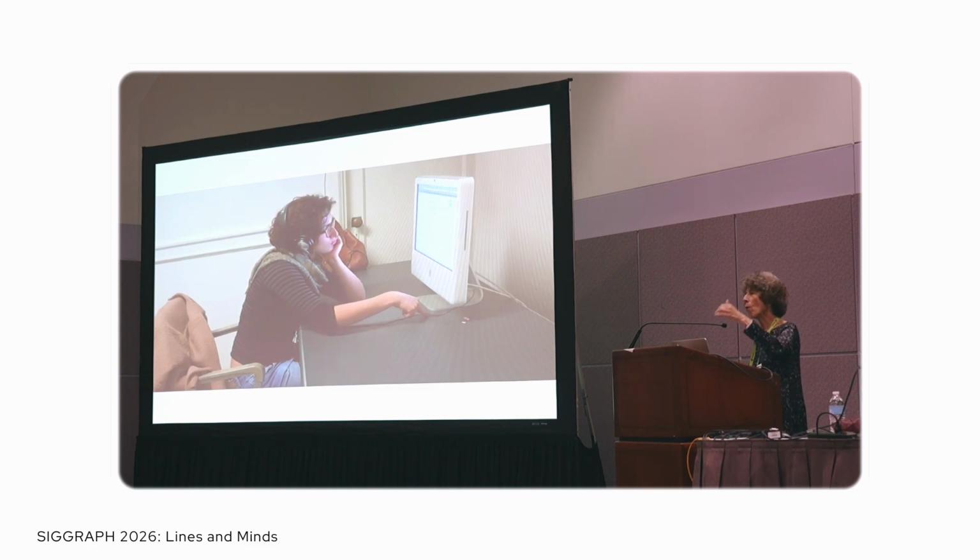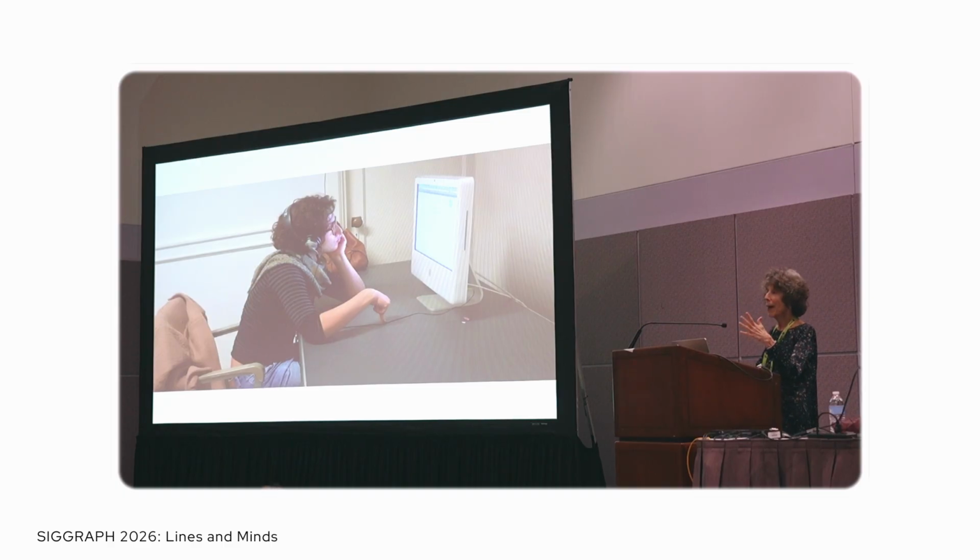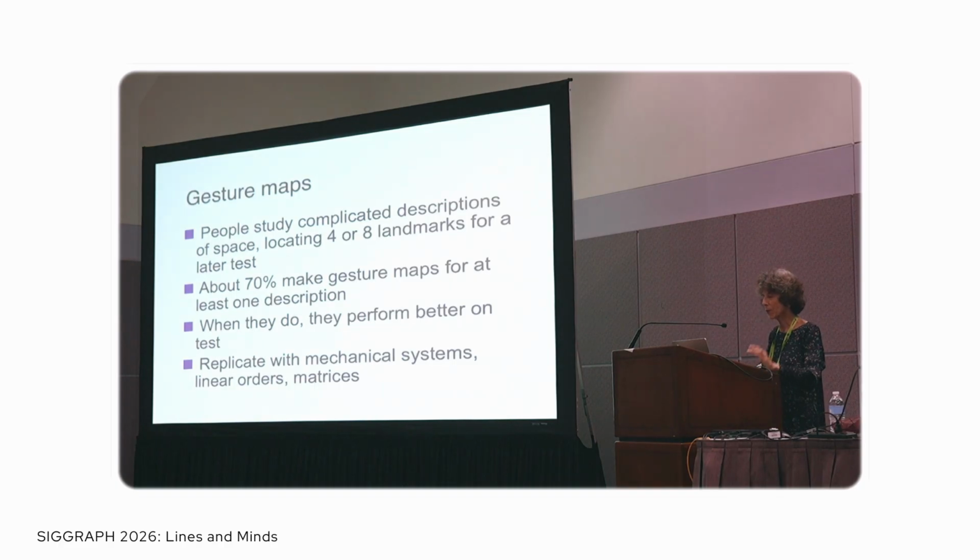remember the linear order of countries by their GNP, or events companies are sponsoring when, a table. They're reading the text and making a table, okay? Or they're reading the text and making a linear ordering. When they do that, they remember better, okay? So they're studying complicated descriptions.